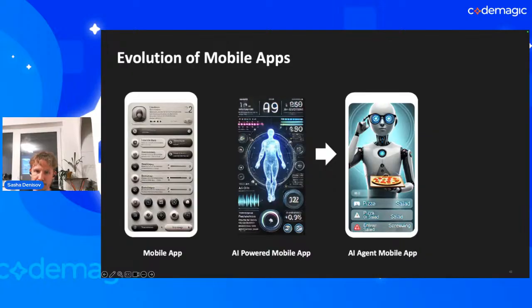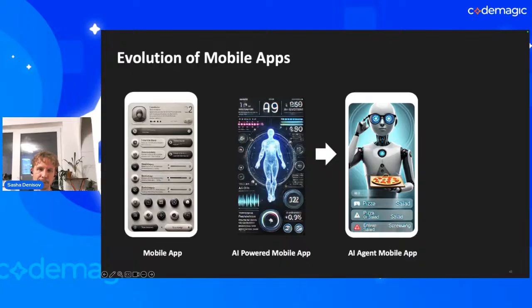The next step is applications as AI agents, or we can call it, for example, a mobile AI agent. An AI agent is an autonomous intelligent system that can interact with the real world. I don't know, buy tickets for you or call some services and so on.